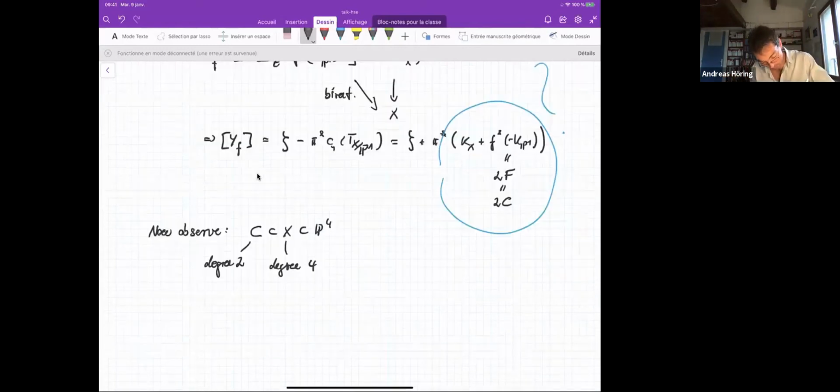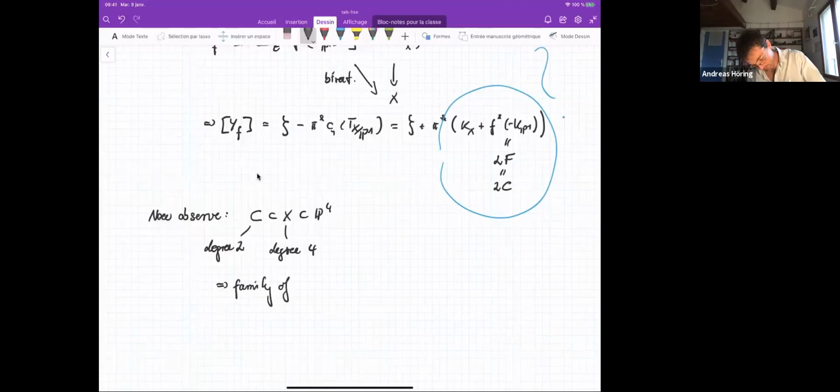So we get the family of residual conics C prime in X, such that C plus C prime is the intersection of some hyperplane with X, so this is H restricted to X.